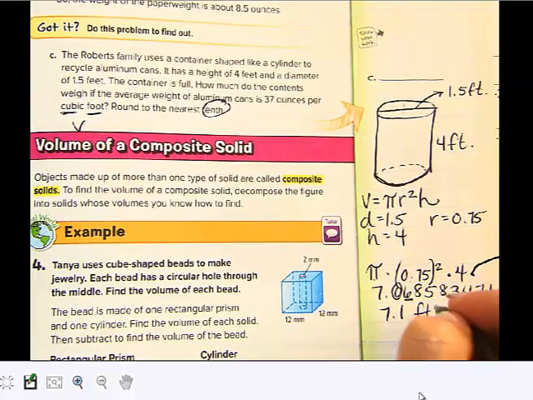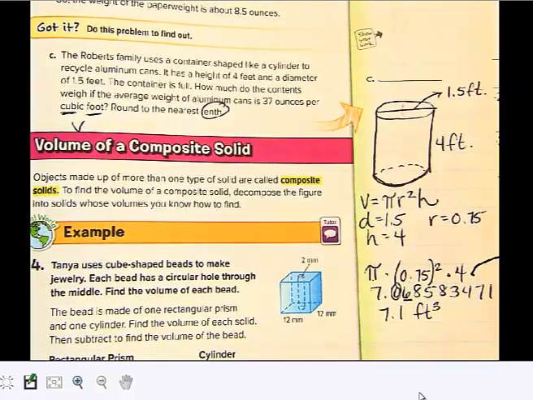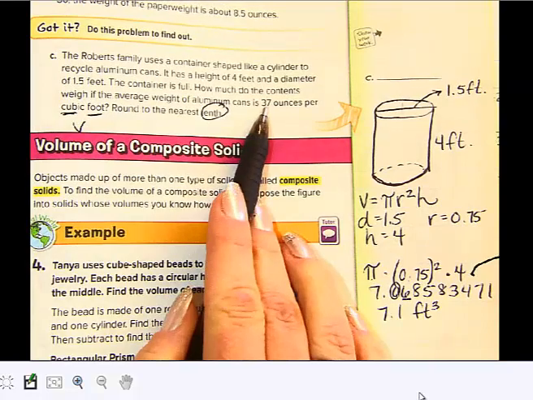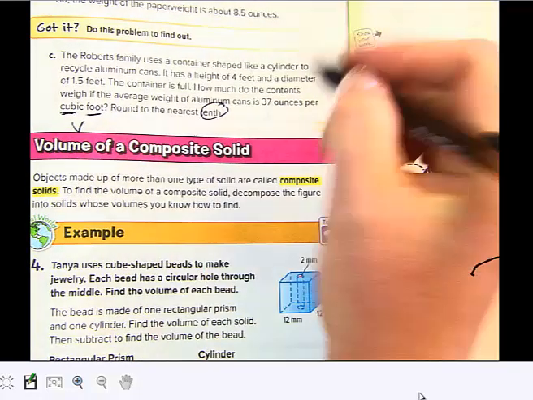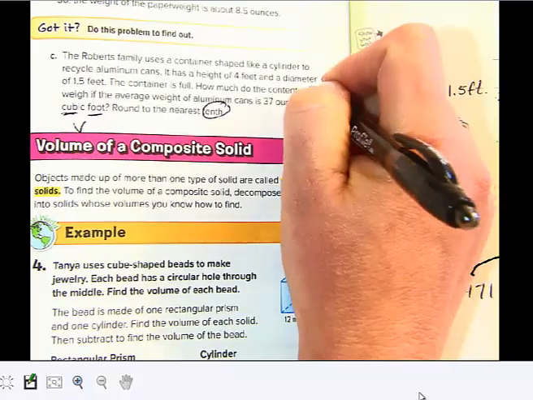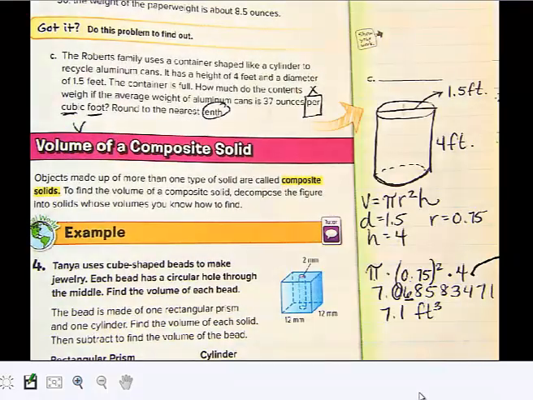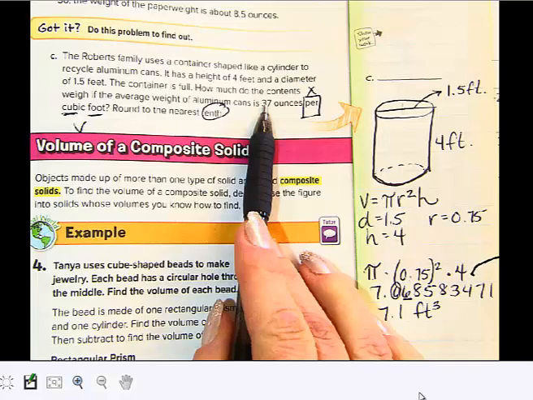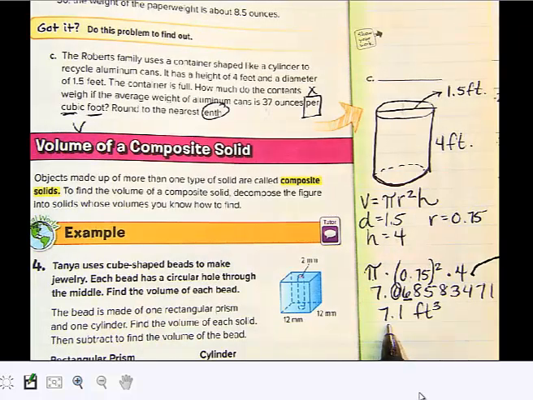Now it says that the cans weigh this many ounces per cubic feet. Hopefully you remember the word per means to multiply. So I'm going to take this times however many cubic feet I have, and now I know because I found the volume I have 7.1.